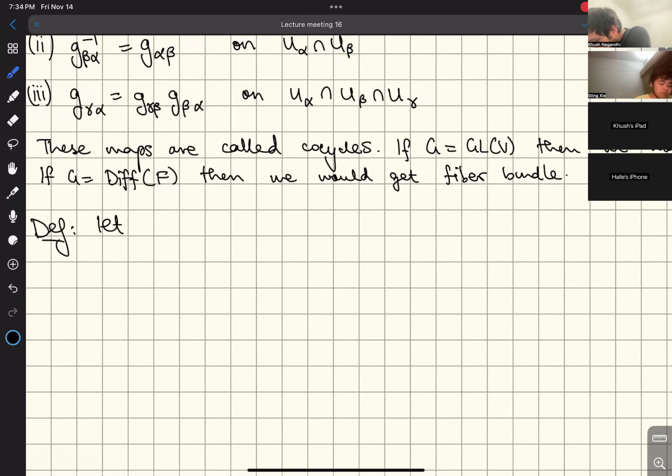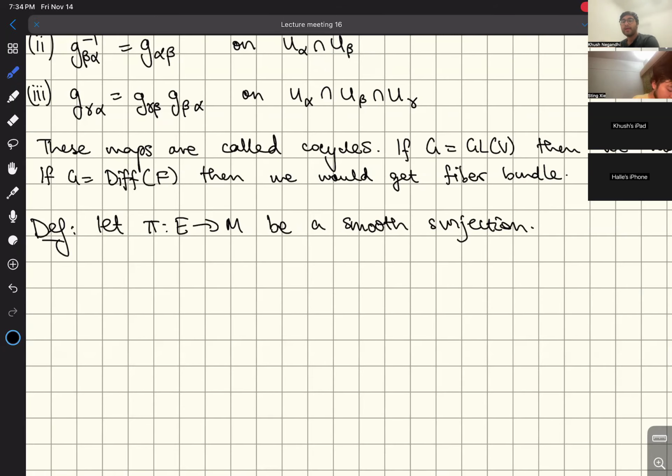So let pi from E to M be a smooth surjection. Since it's a smooth surjection, E and M are both smooth manifolds. Sometimes we require that the derivative of pi be surjective. If that condition holds, we say pi is a submersion.